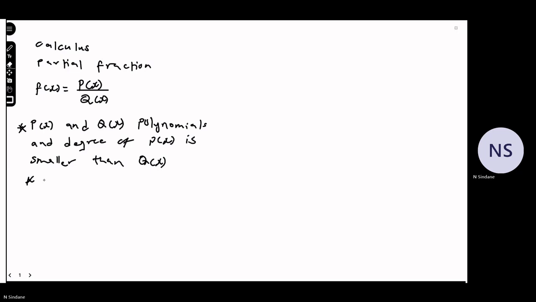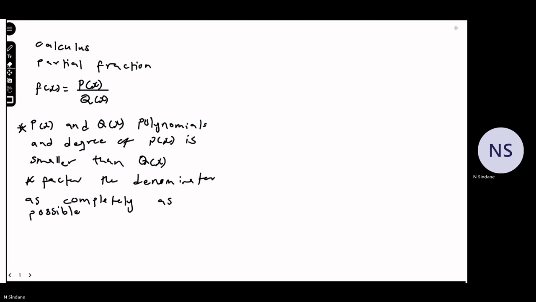We factor the denominator as completely as possible. You factorize completely, right?